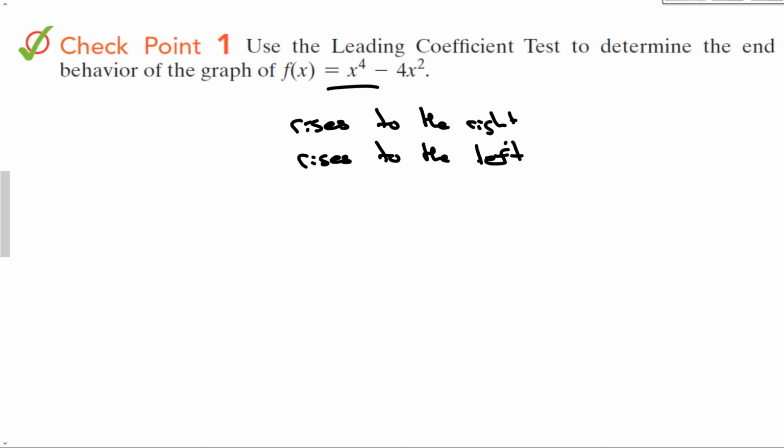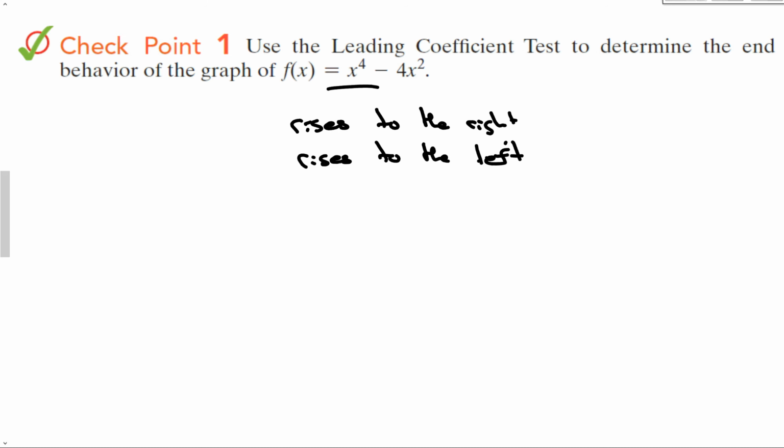So now that I have the first term of my polynomial function, I know what's going on. It is a negative. The exponent is even. That means this falls to the left and falls to the right.